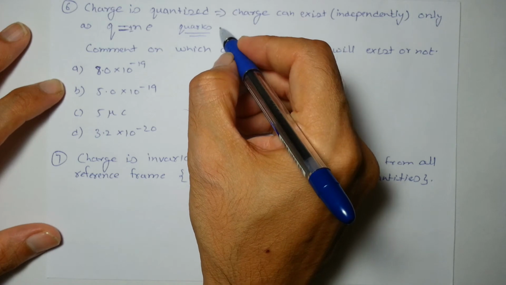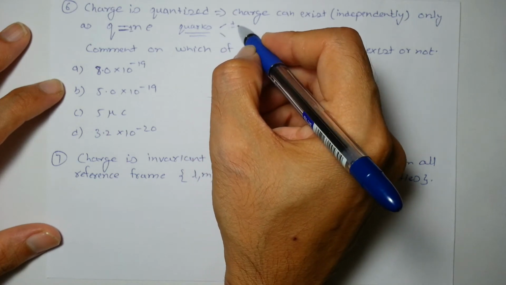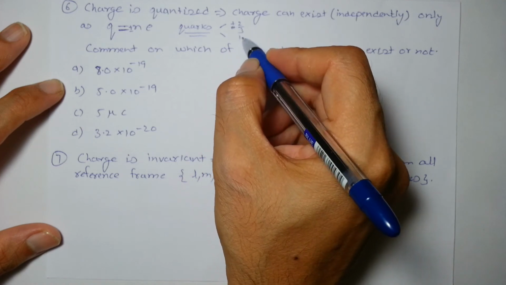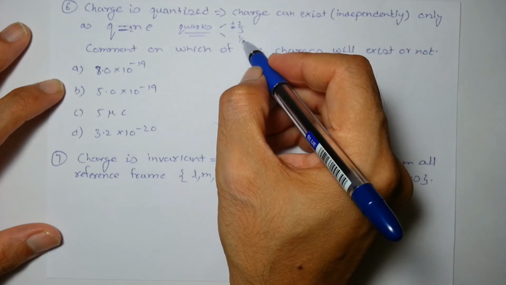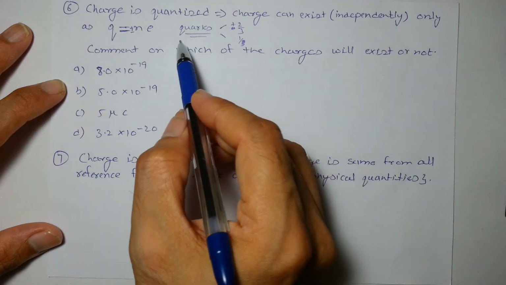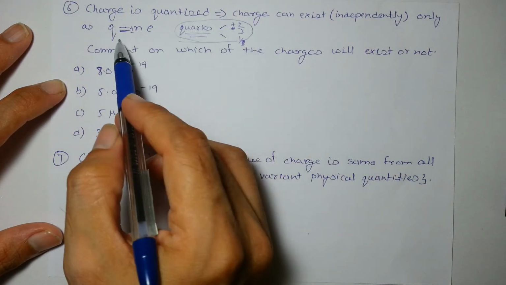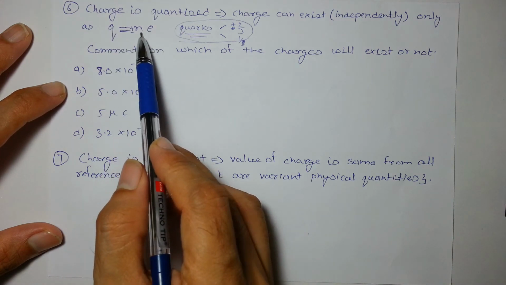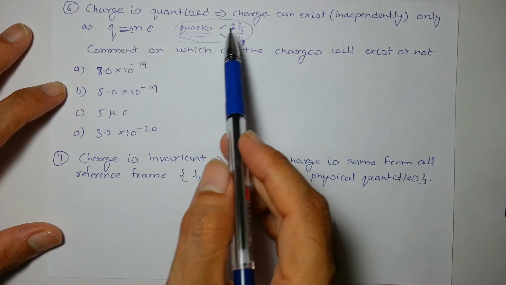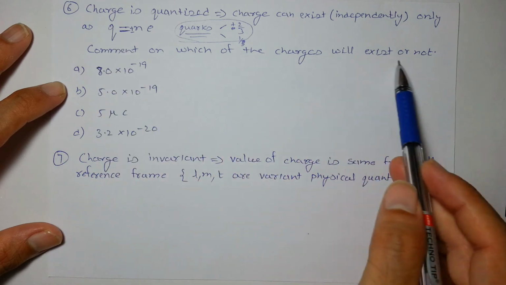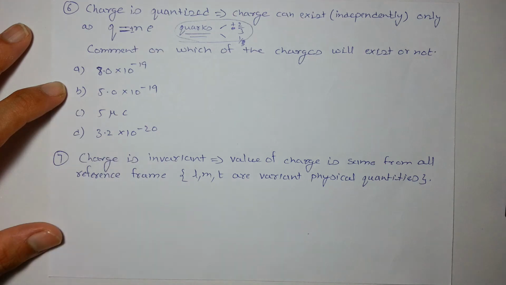Quarks have a charge like 2 by 3 e or 1 by 3 e also, but they don't exist independently, so we will not take these into quantization. So the charge may exist only as Ne. We'll talk about quarks later.